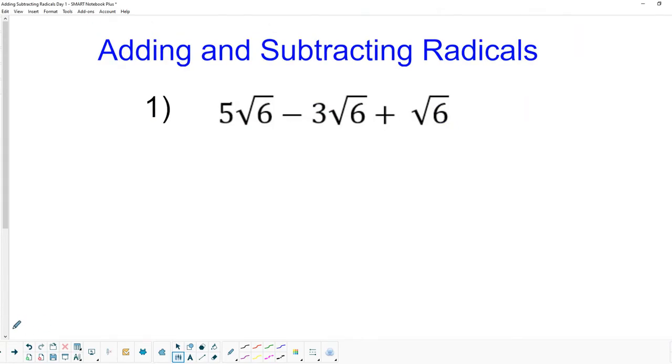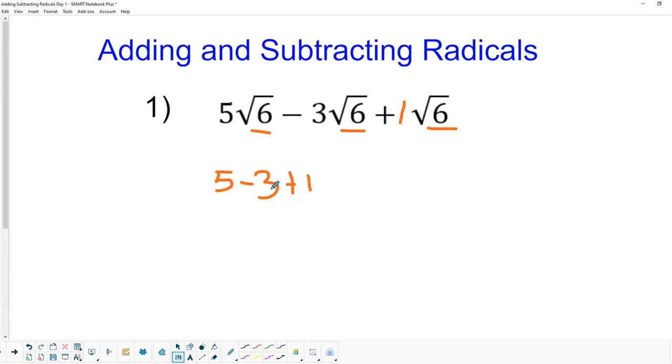So if I look at this first expression, I've got three radicals I'm either adding or subtracting, and I notice that each one has a square root of 6 in it, which makes these like terms. So now we just look at the numbers that are in front. 5 minus 3 plus 1, and I figure out what that equals.